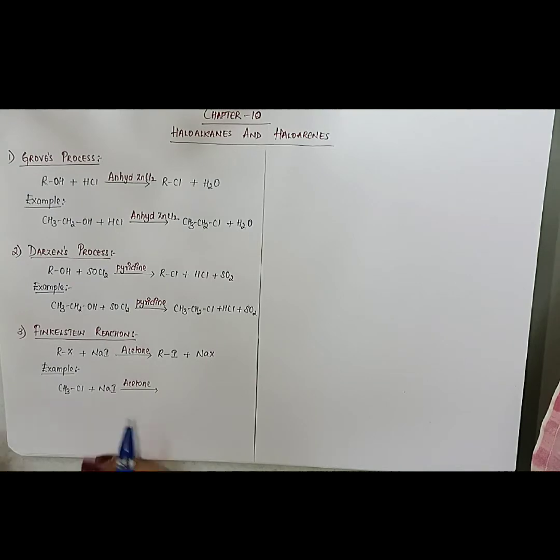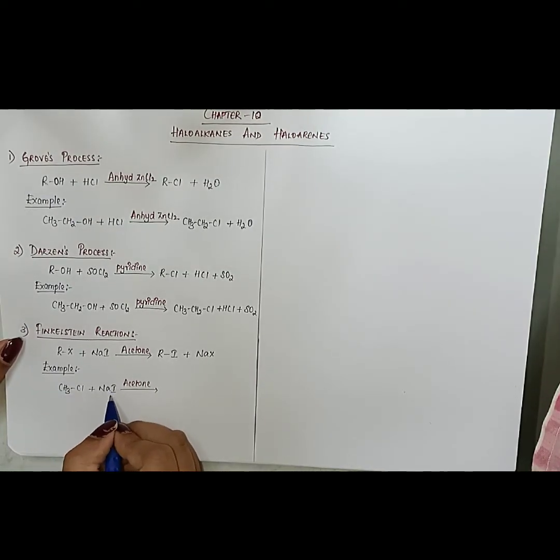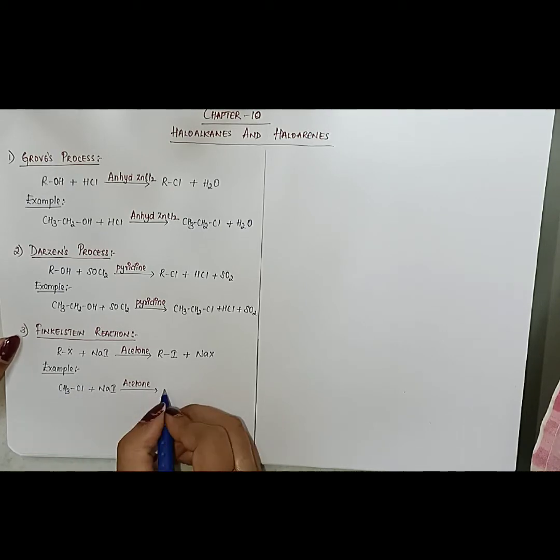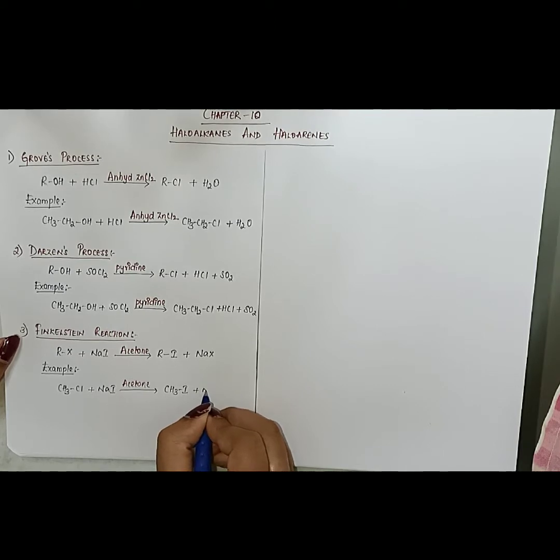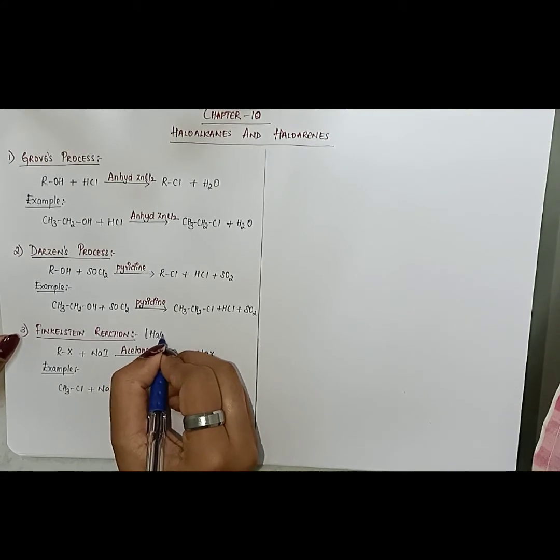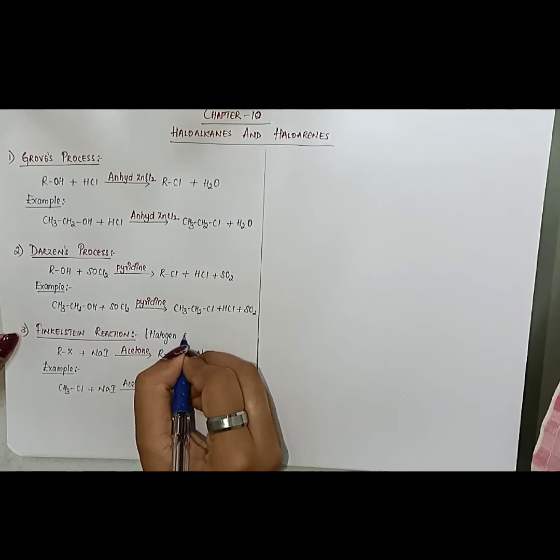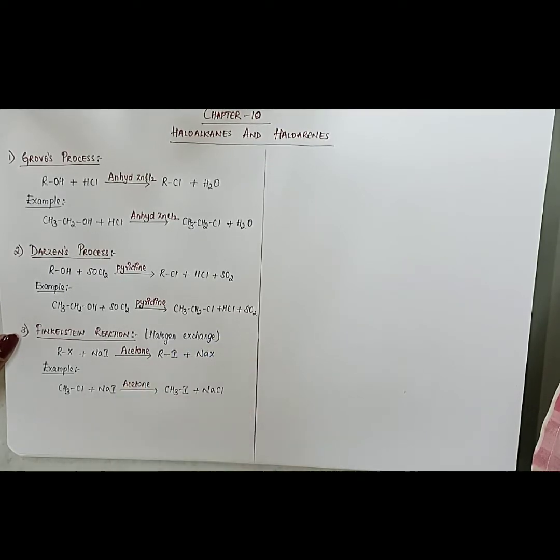Here it is an interchange of a halogen. So Cl will go to Na and iodine comes to methyl group. So here I'll form methyl iodide plus sodium chloride. So basically this reaction is a halogen exchange method.